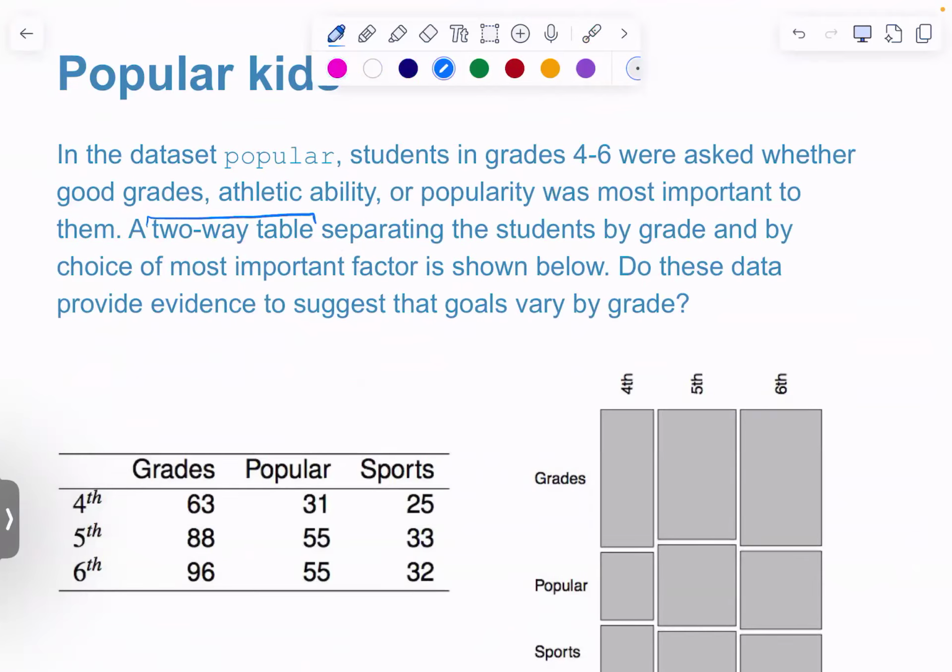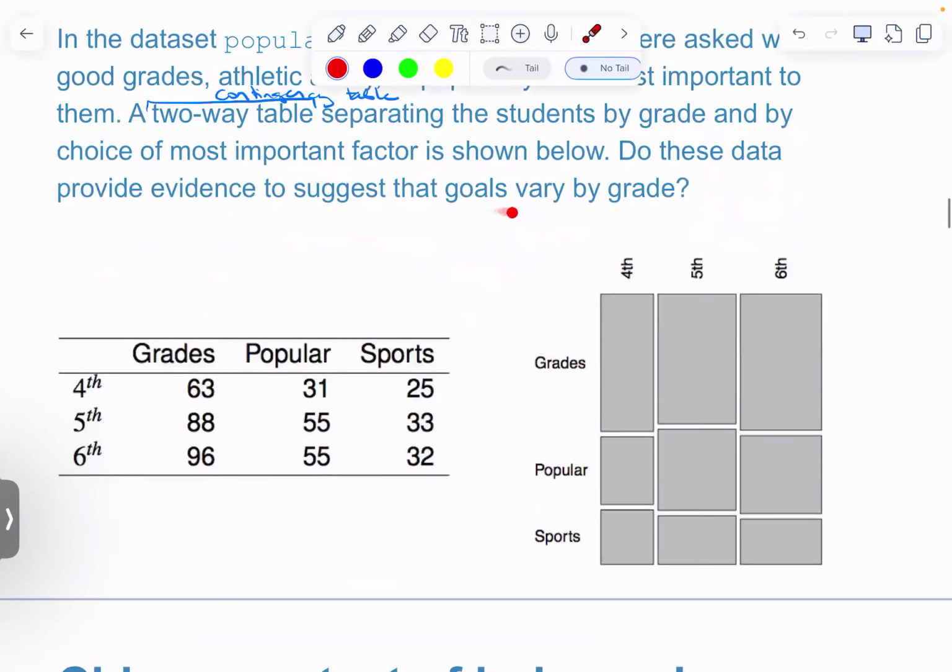You can see how we would call it a two-way table because there are 2 categorical variables. Separating the students by grade and by choice of most important factor is shown below. Do these data provide evidence to suggest that goals vary by grade?